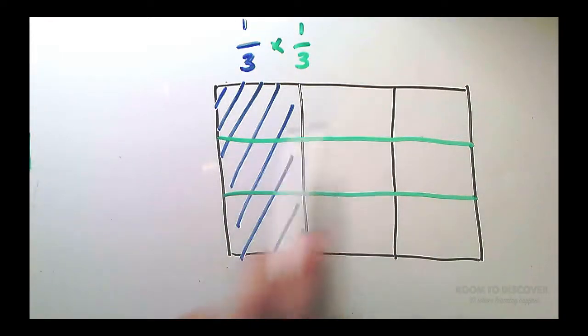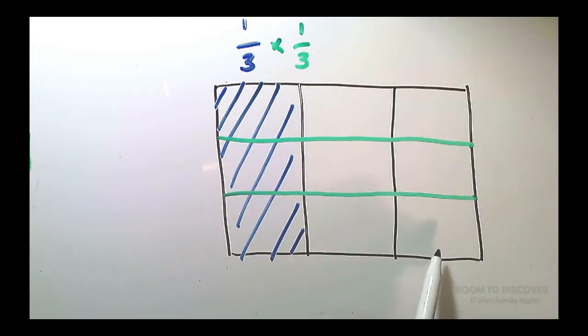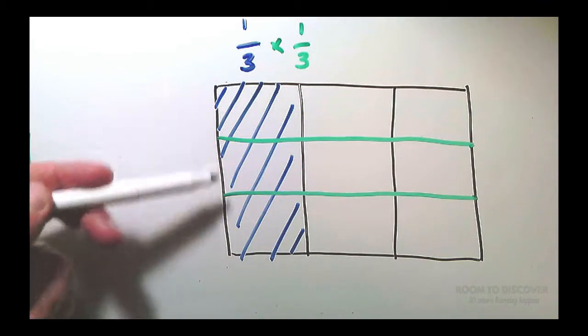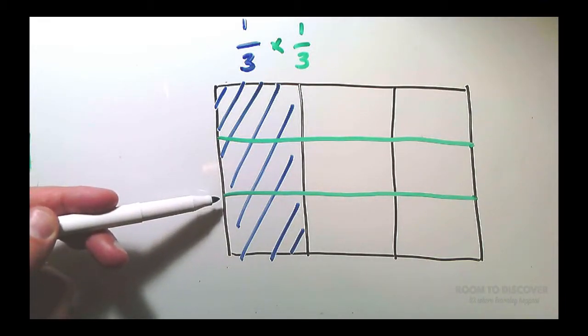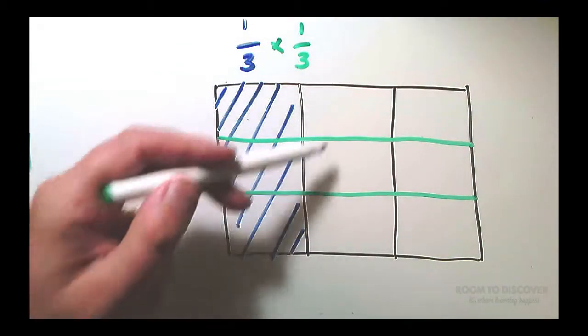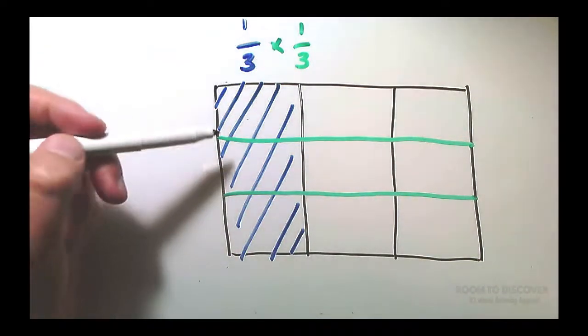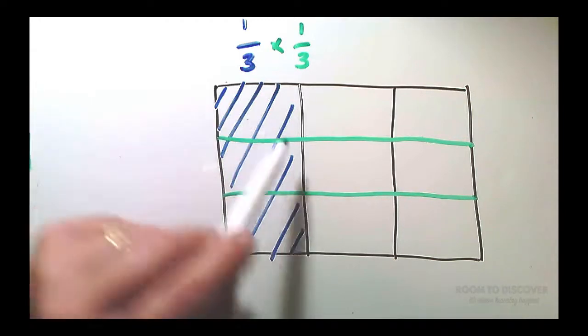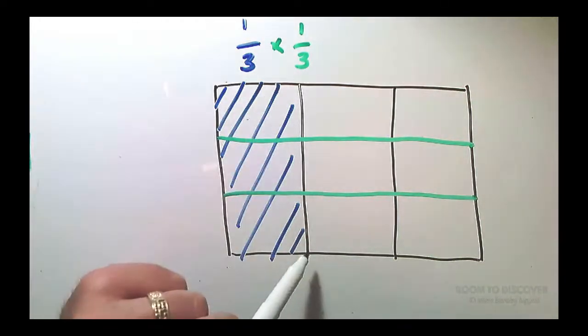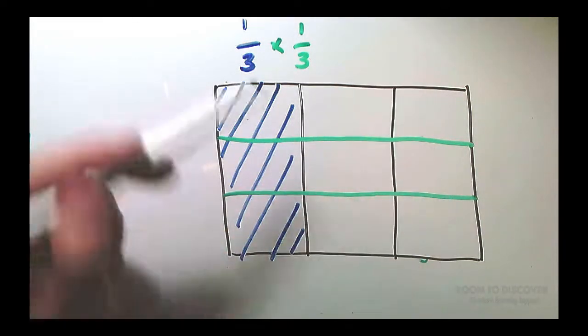And now, before I do any shading, let's just look at our cuts. I started with one whole cut into 3 pieces, and then now I've cut it the other way, right? So each of these 3 pieces now turned into 3 pieces. So what I actually did was I multiplied my denominator by 3.